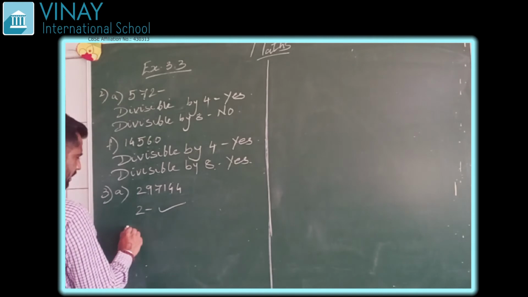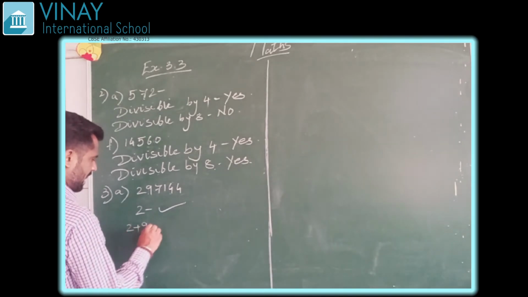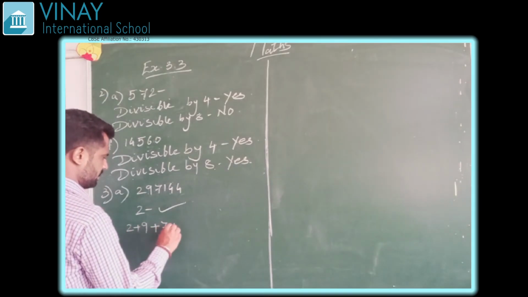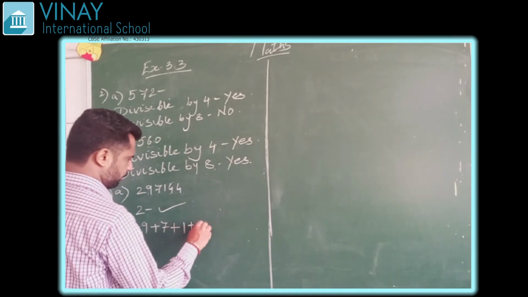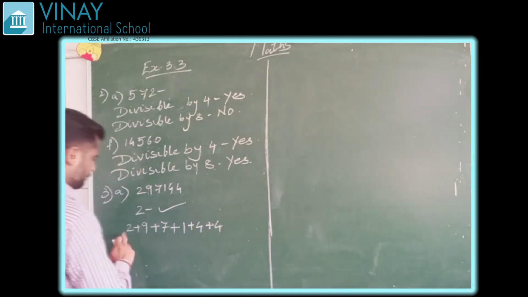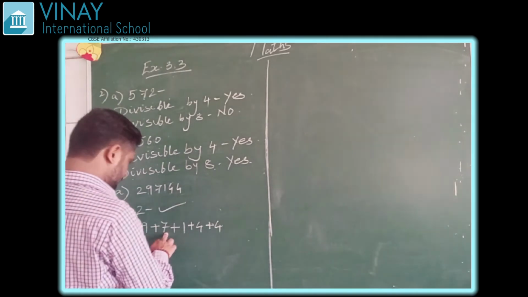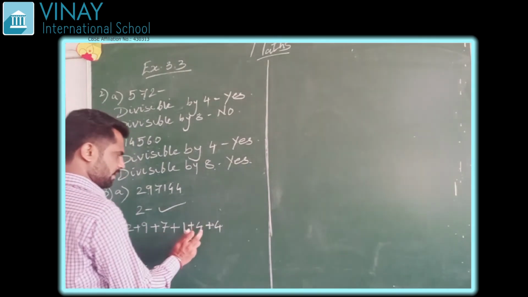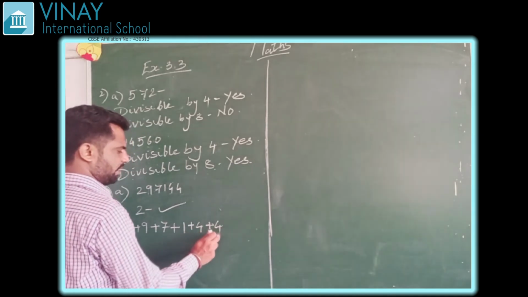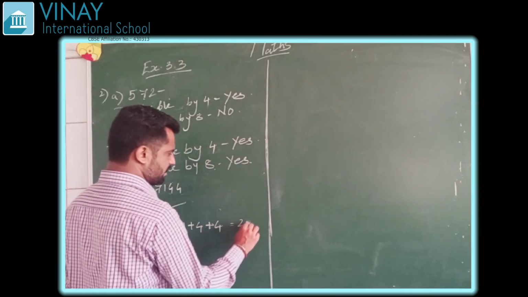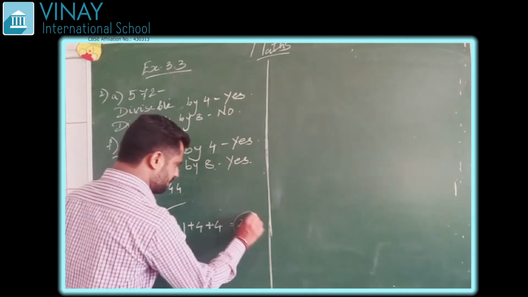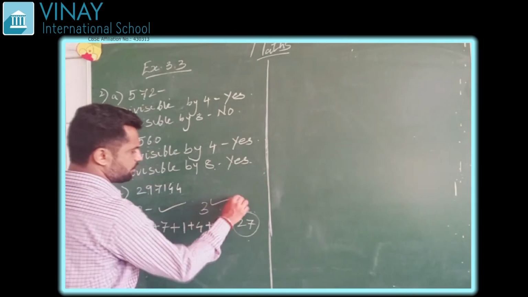For 3, if we see 2 plus 9 plus 7 plus 1 plus 4 plus 4: 2 plus 9 is 11, 11 plus 7 is 18, plus 1 is 19, plus 4 is 23, plus 4 is 27. It means it is divisible by 3 also.